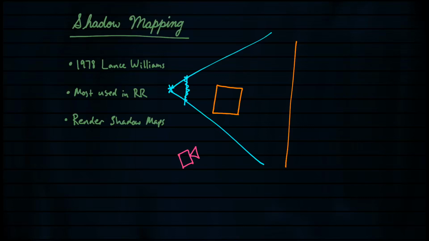Then the second pass is to use the shadow map by calculating, from the viewpoint of the light, which pixel inside the shadow map would have been generated. So from the camera, let's say we're interested in this point over here.